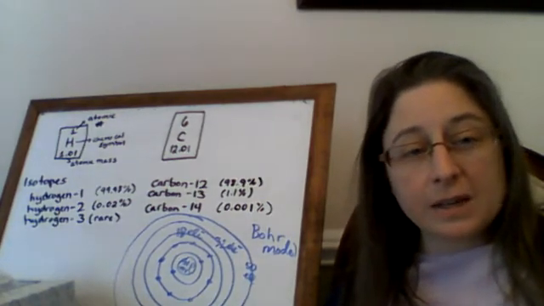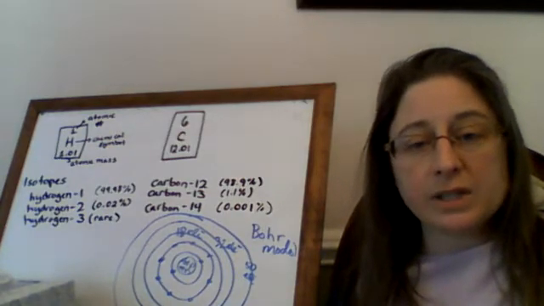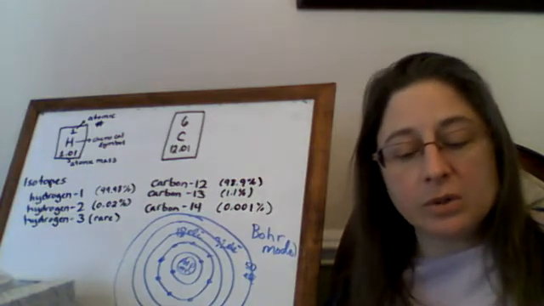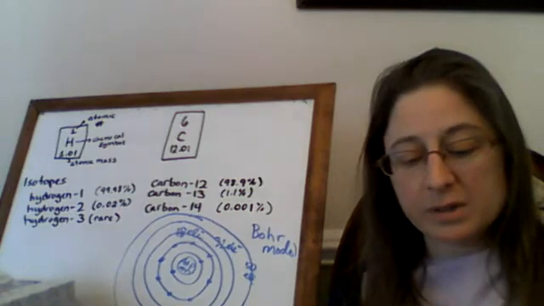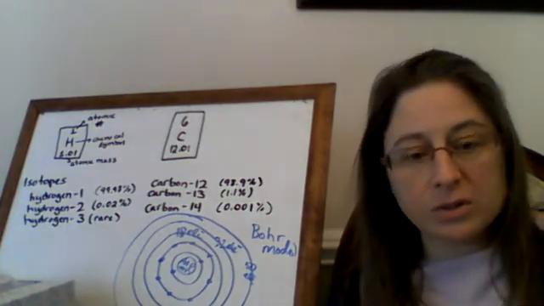The second kind of radioactive decay we want to talk about is called alpha decay. Alpha decay is when an unstable nucleus emits just a helium nucleus, which is made up of 2 protons and 2 neutrons.